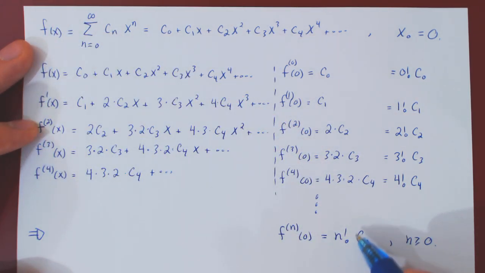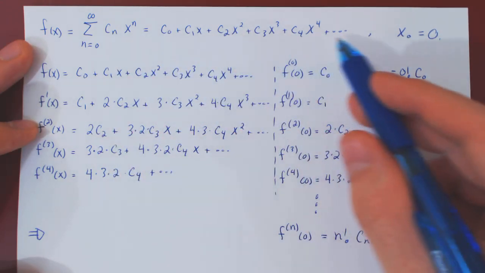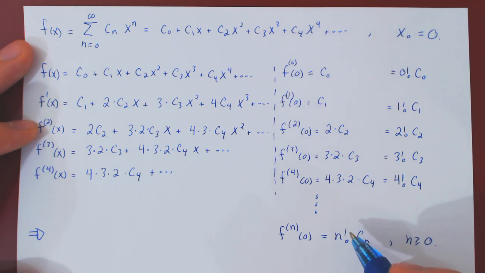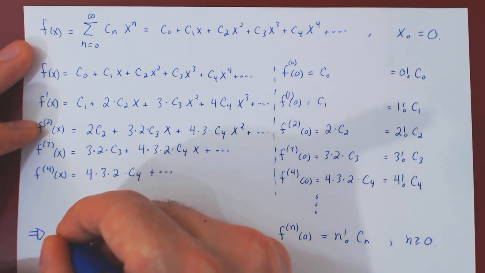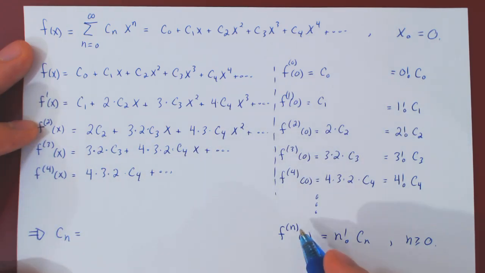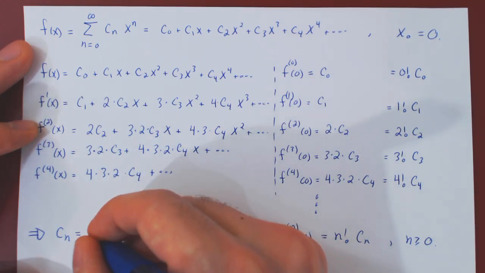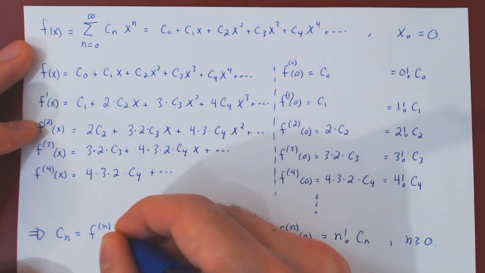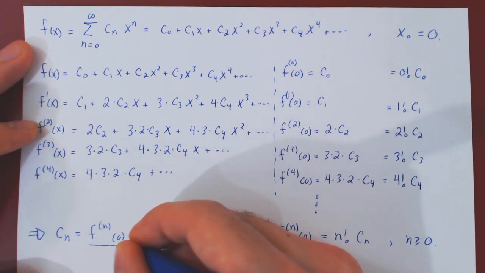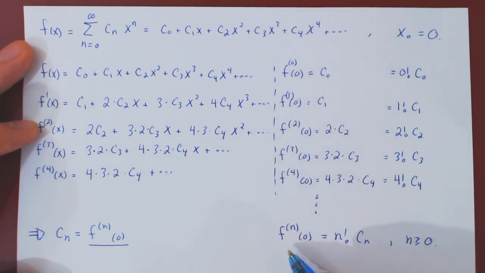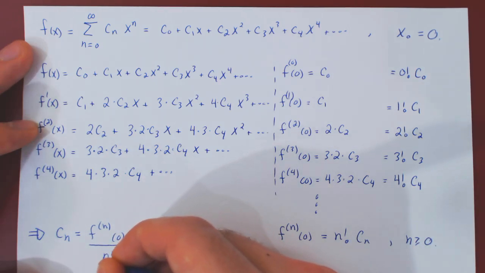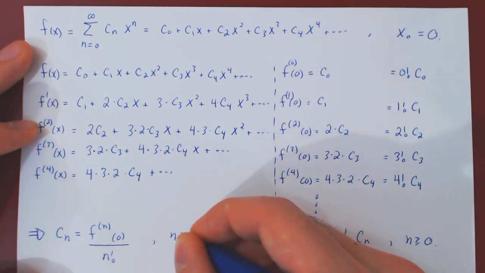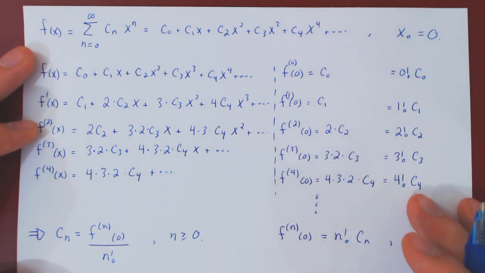All we have to do now is isolate for Cn, the nth coefficient of the power series representation of f of x, simply by dividing across by n factorial. And so Cn, the nth coefficient of the expansion, is the nth derivative of the function at 0 divided by n factorial. And there you have it.